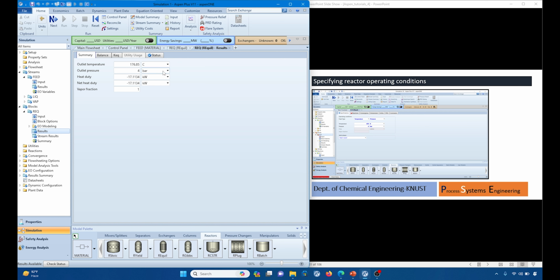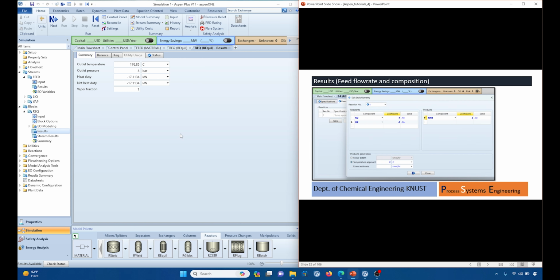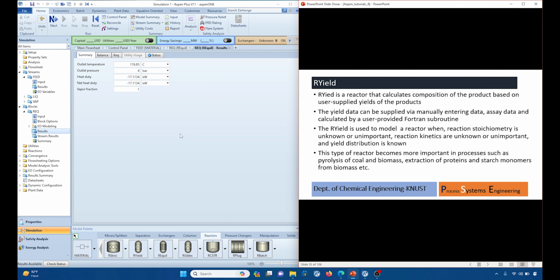We will be looking at RYield, the yield reactor, as well, but more on it in detail in the future. It works by calculating the outlet composition of the product based on the yields supplied. It's the user-supplied yields.